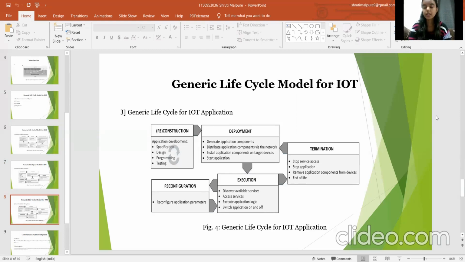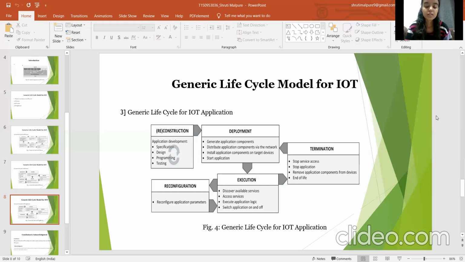At this point, the application is ready to perform the expected behavior. During the execution, the application can also be switched on and off. Users experience the behaviors and functionalities that they expect from the application while executing. Therefore, proper realization of this stage is important for achieving functional appropriateness.